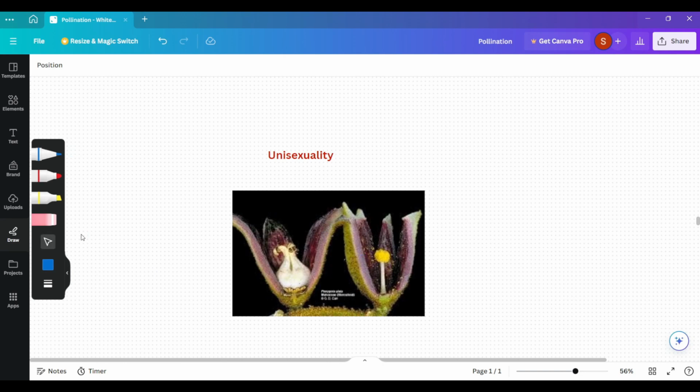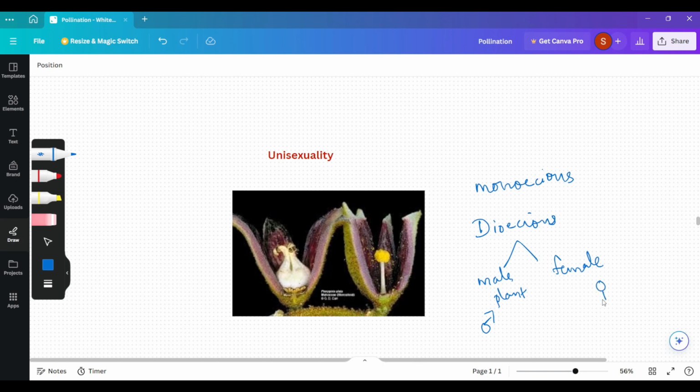In this case, if both male and female flowers are present in the same plant, we call it monoecious. And if the male flower and the female flower are found in two different plants, we call the condition dioecious. So dioecious plants possess a separate male plant and a female plant, which has only the male flower in it and only the female flower in it.